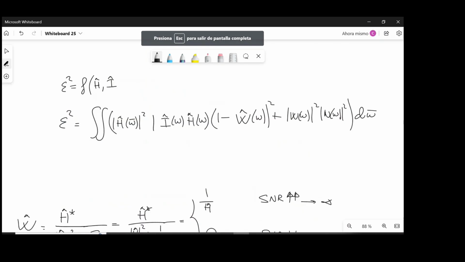Yeah. So rather than I, it is of this square. And it is a function also of W. And it is a function of the noise square. So it is something that depends on all these things, all these functions.